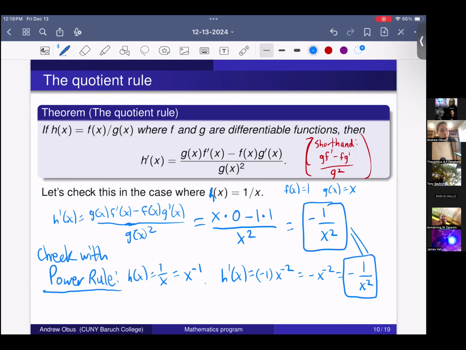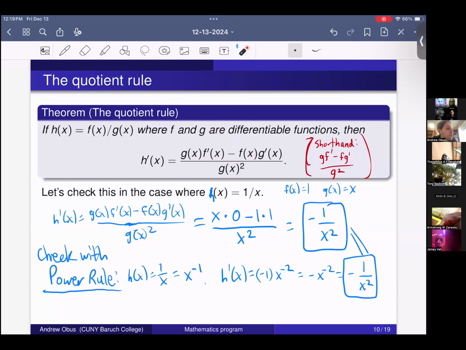Okay, so regardless of which way you do it, you can do it using the quotient rule, or in this case, you can do it using the power rule also. And in both cases, you get the same answer. You get minus 1 over x squared. Okay? So this quotient rule is a little bit harder to memorize than the power rule. It just means you have to do a few more practice examples, and then you'll be able to learn it.